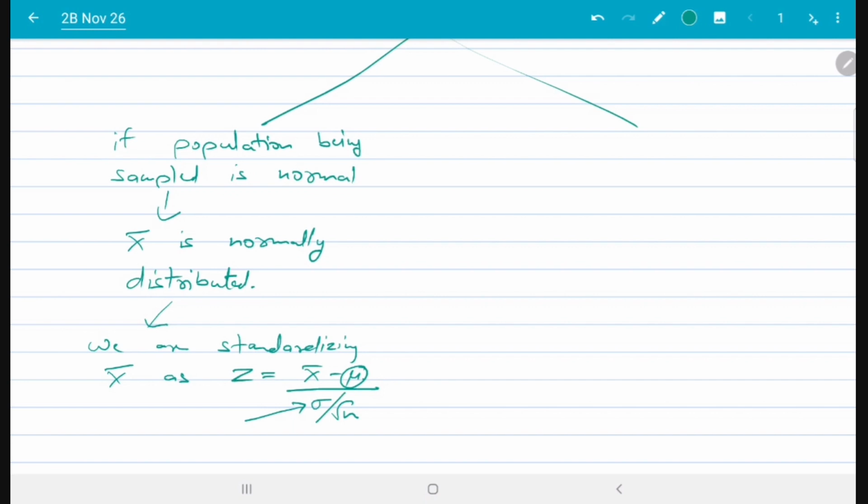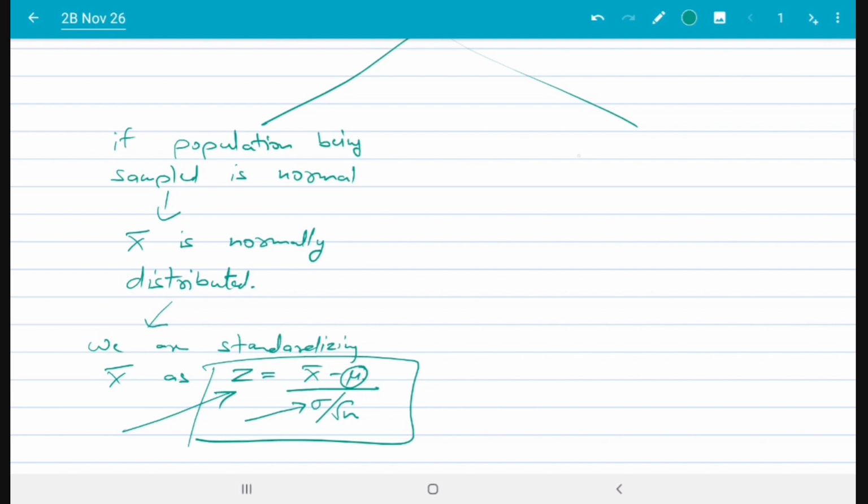We are assuming that if we have precise information on population standard deviation, then we have precise information, or Z is precisely standard normally distributed.